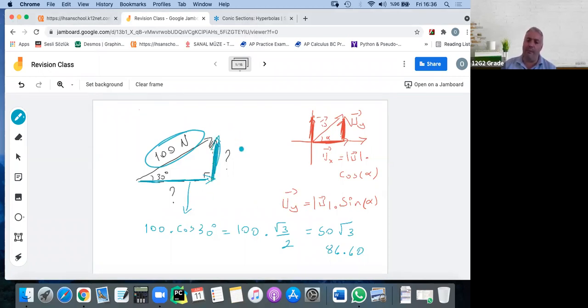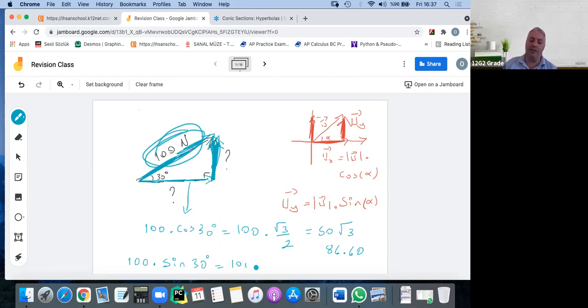What will be my magnitude? So in order to find the vertical magnitude, I will say that length of the vector times sine of alpha, which is sine of 30 degrees. Since this is my vector, its magnitude is 100 Newton. When I want to find its vertical component's magnitude, I will multiply by sine of 30.